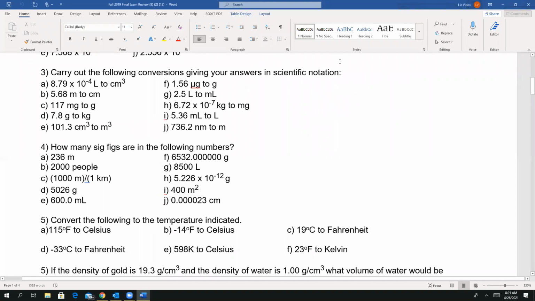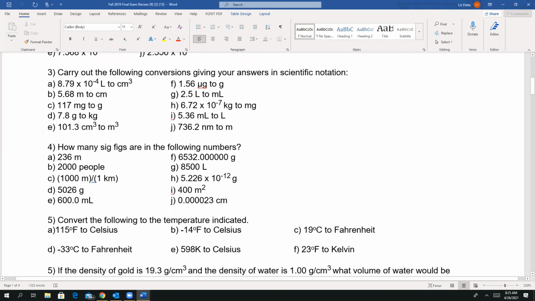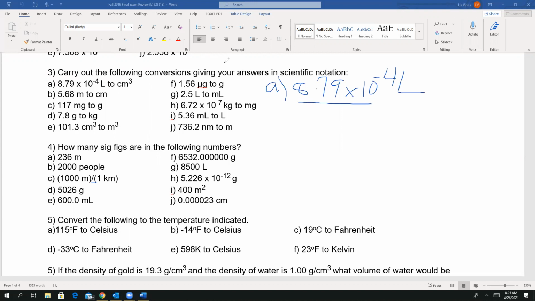We're gonna do just the ones that, yeah, A, B, C. So we're gonna do A. A is, they want us to go 8.79 times 10 to the negative 4 liters to centimeter cube.